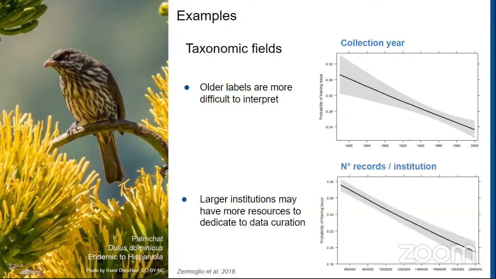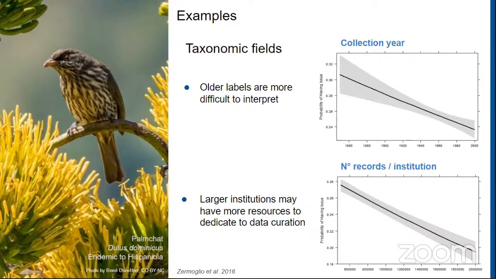On the other hand, they related this probability of having problems with the size of the institution. So the question here was, do big museums have more problems with scientific names than smaller institutions?